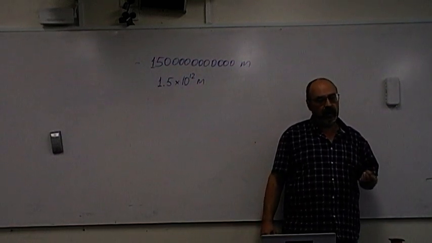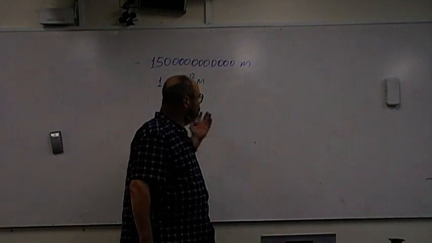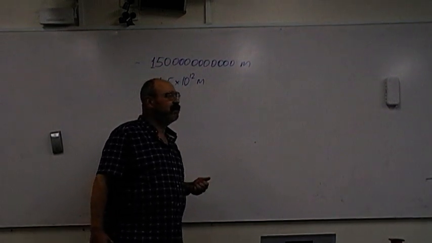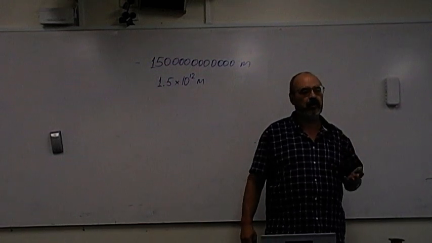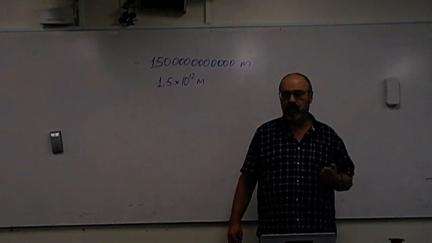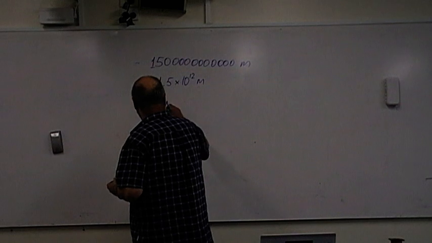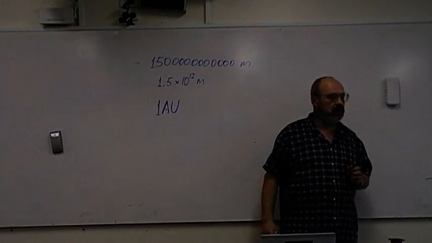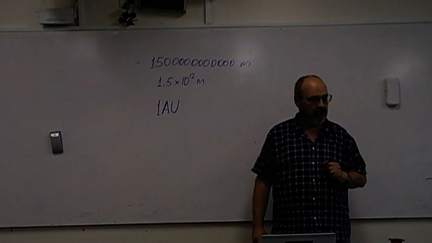Again, still not very convenient to operate with such a number. Plus, the distance from Earth to the Sun is a very significant thing, so it was given a special name. It's called 1 astronomical unit, or 1 AU. 1 astronomical unit is the distance from Earth to Sun.